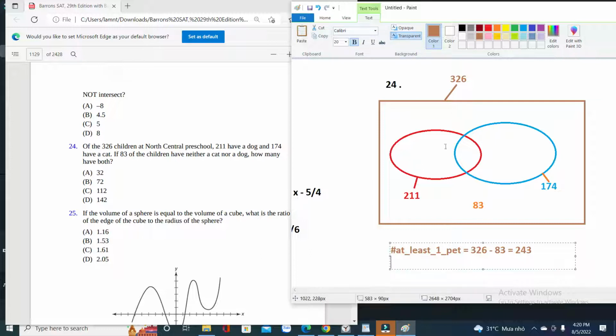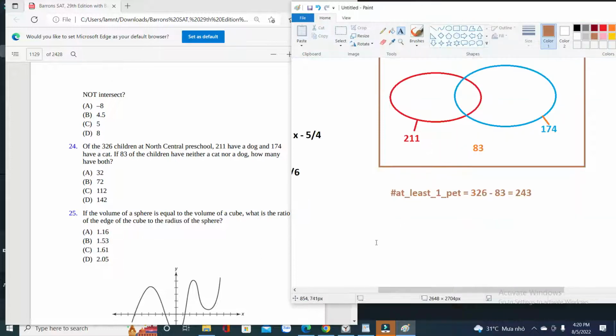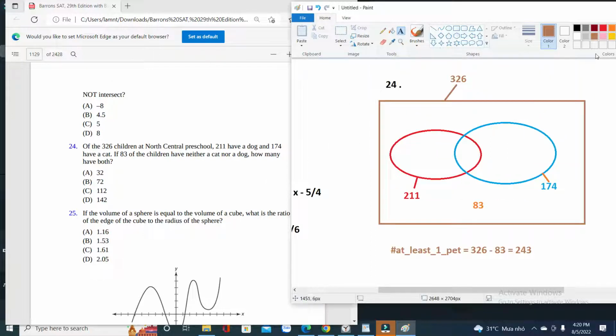Okay. So now let's go to this red part here.